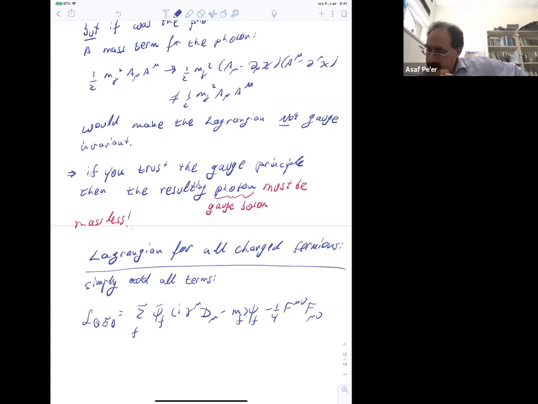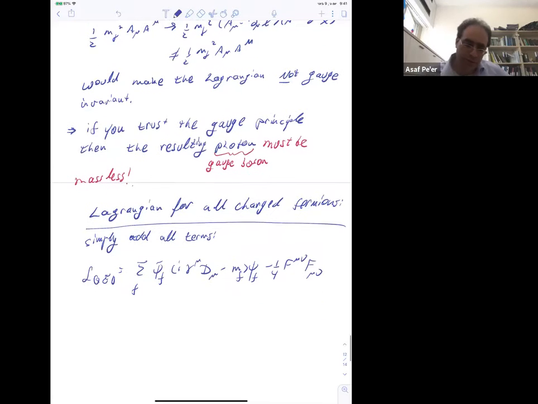And you know, in D_mu, the capital D, the covariant derivative, we have the q that enters there, in the second term, the coupling constant. But we have to be careful because we have to multiply it by the charge of the relevant fermion, right? So q is minus e for the electron.